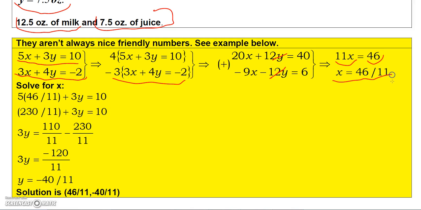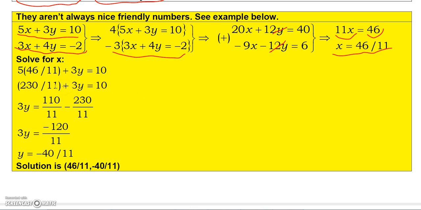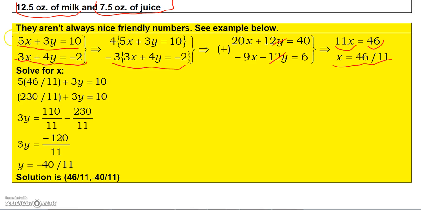So x is 46/11. So not a nice round number. And then when you plug it back into the first equation, you get 5 times 46 over 11, plus 3y equals 10. Well, that's going to give me 230 over 11 plus 3y equals 10. And then subtract both sides by 230 over 11, and then convert 10 to something over 11.